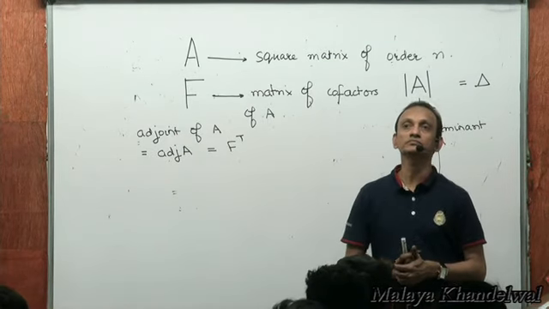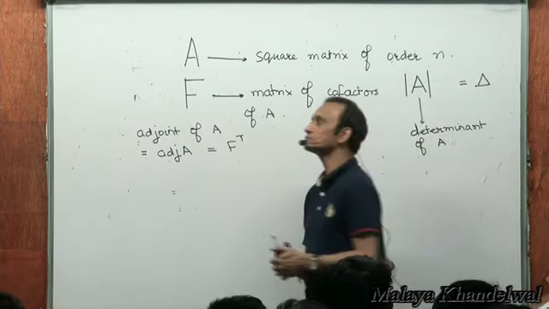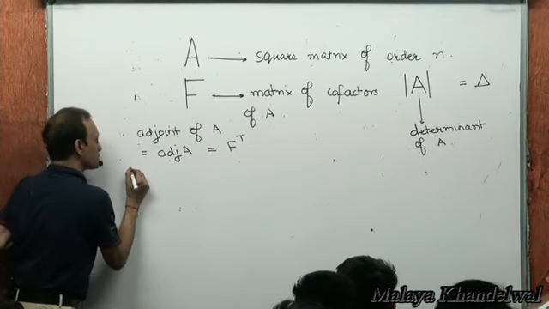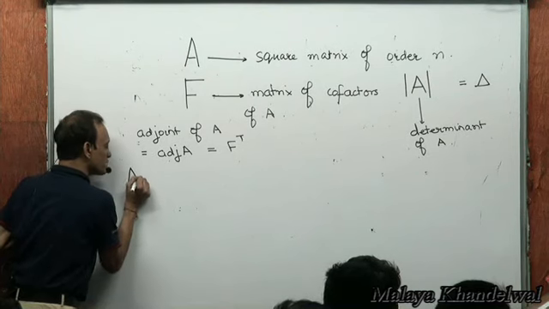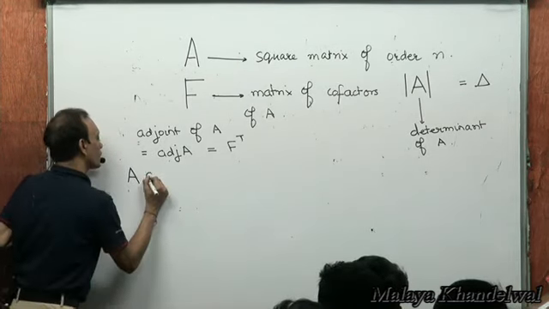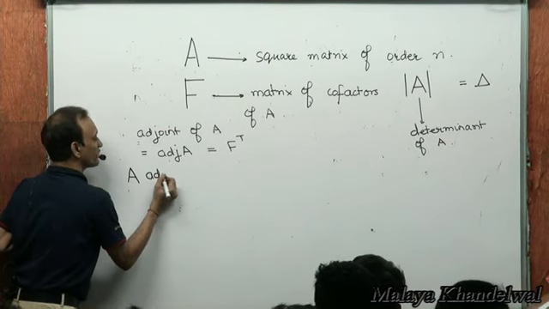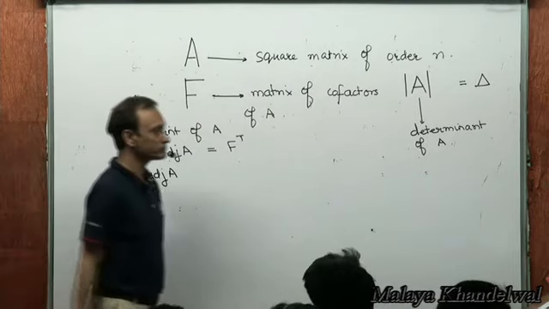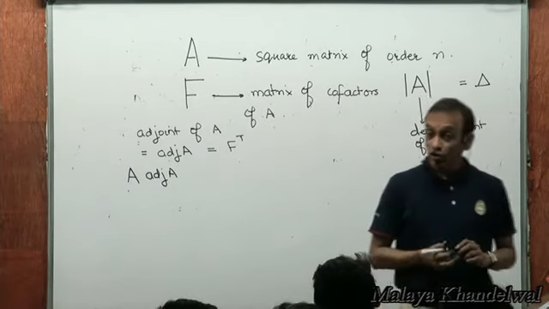Now, consider multiplying a square matrix A with adjoint of A. What is adjoint of A?